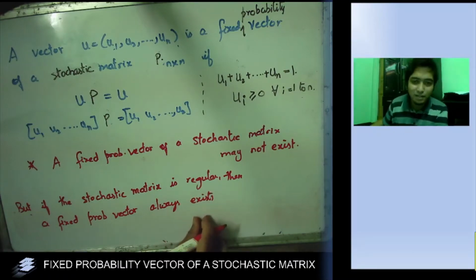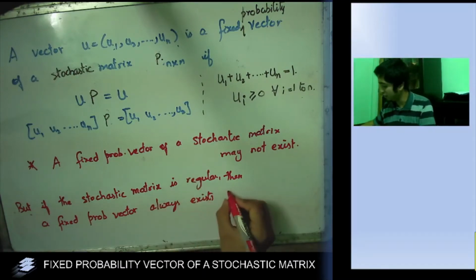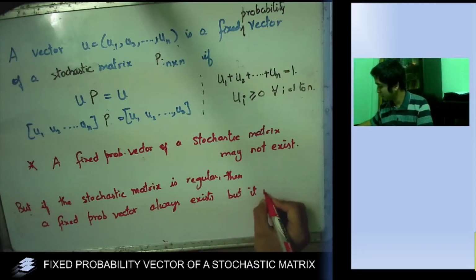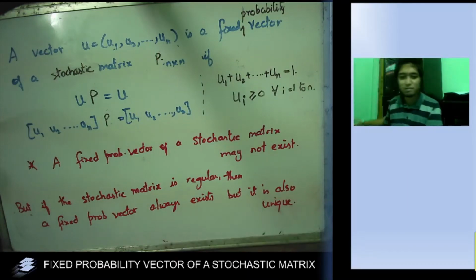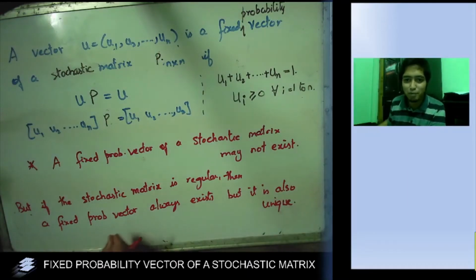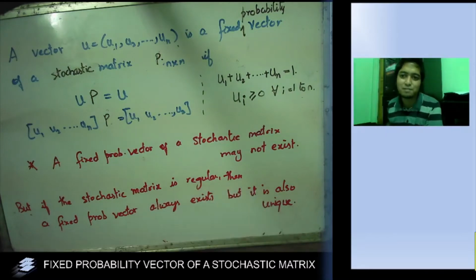It not only exists, but it is also unique. So there is only one fixed probability vector of a regular stochastic matrix. So that is what we can say.